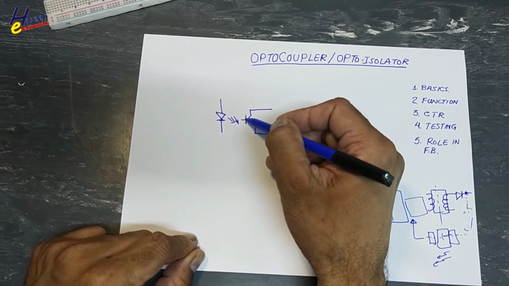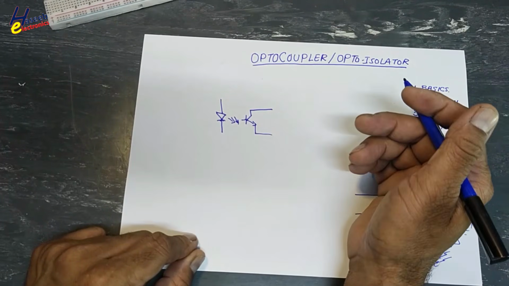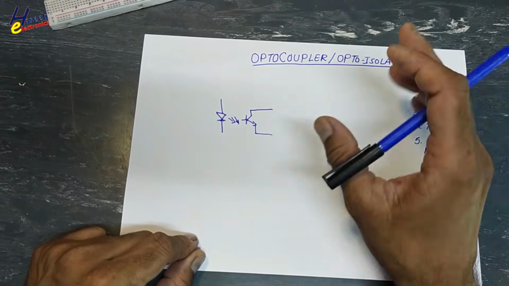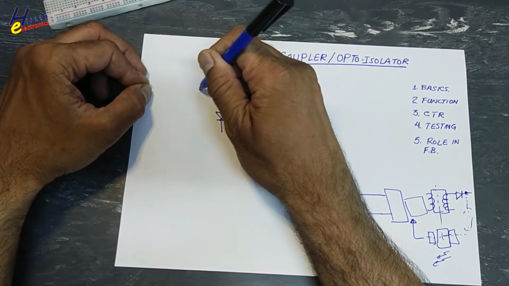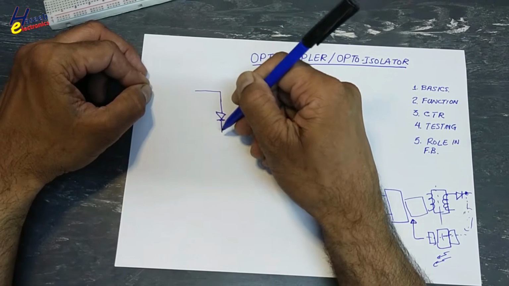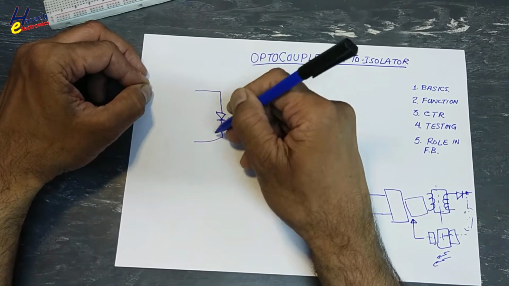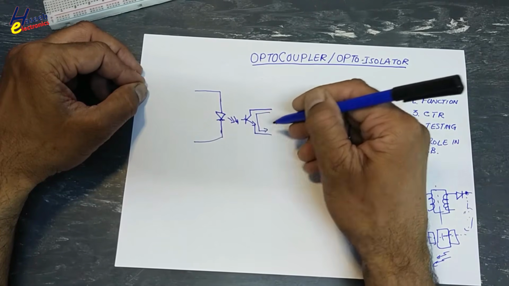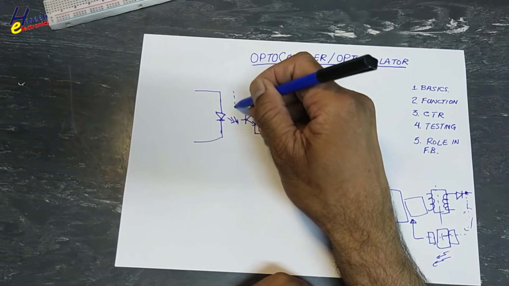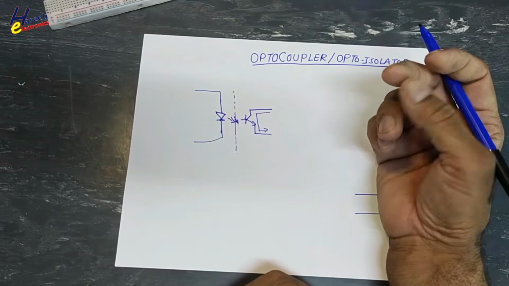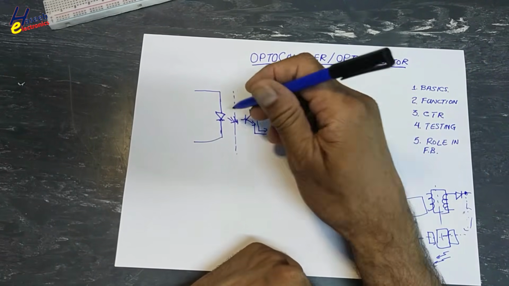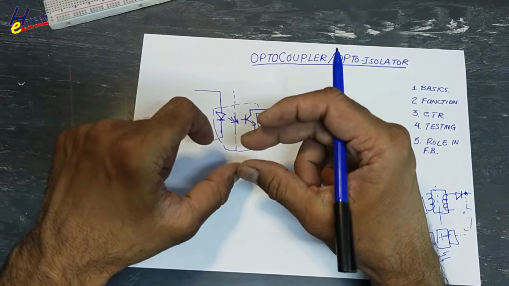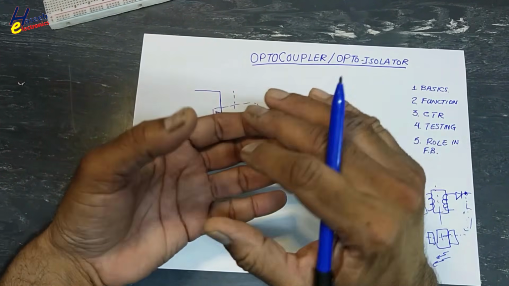When this light reaches its base, it will conduct. This is the basic phenomenon of this optocoupler: current will flow in this portion and it will control current in this portion, and there is only an optical line of sight between these two parts that are encased in a pipe, in a tube, in a box.